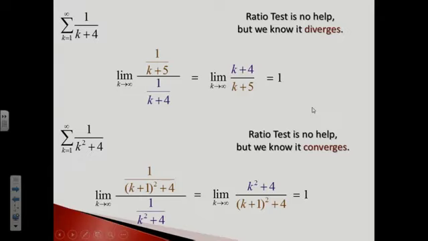However, by limit comparison test with the p-series sigma 1 divided by k squared, we know that it converges. We have seen that when the ratio ak plus 1 divided by ak tends to 1, the series may converge or diverge. In those cases, we should try another test.